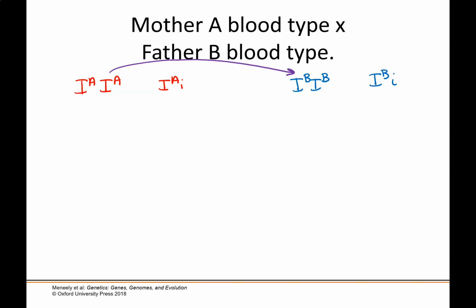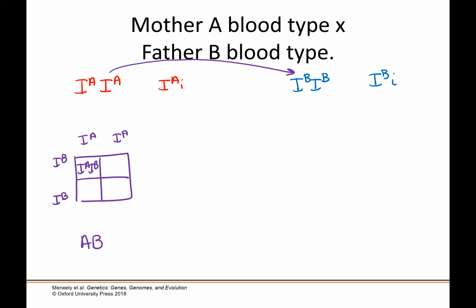So we can be a cross between the homozygous individuals, in which case every offspring is going to be AB blood type.